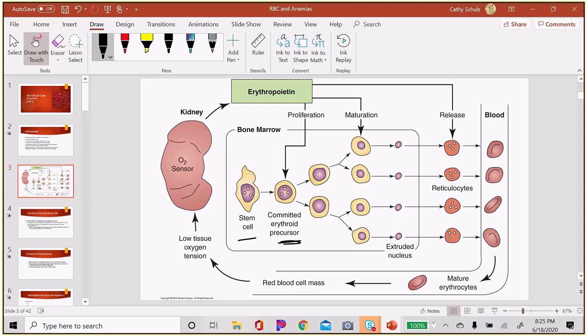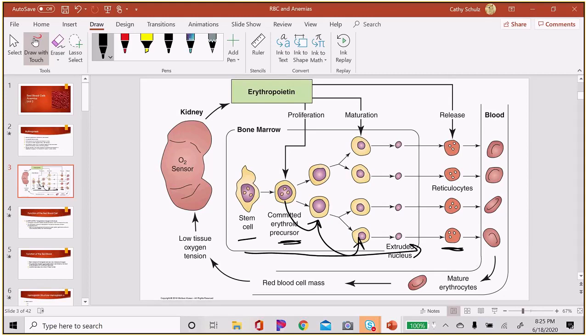And as this precursor cell further differentiates, you'll notice that it starts out with a large nucleus, and then the nucleus gets smaller, and eventually the nucleus is extruded. So during this process, the cell that's released into the bone marrow is an immature reticulocyte, which does not have a nucleus anymore.